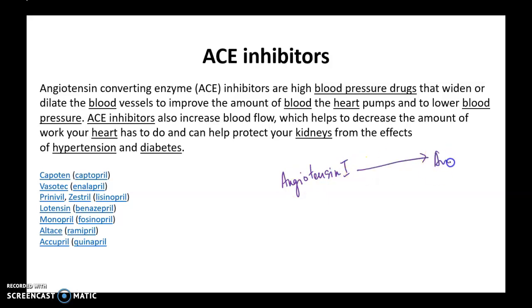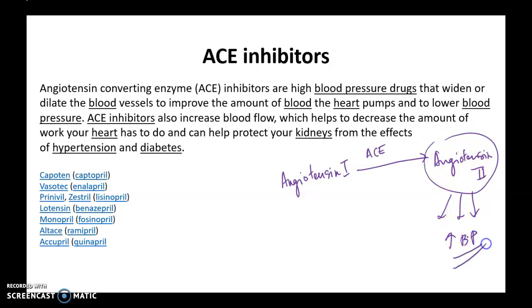That gets converted to angiotensin II in the lungs by the action of ACE. And then this angiotensin II will work on different things to increase blood pressure. That's the point. But if you inhibit ACE, then of course angiotensin I can no longer be converted into angiotensin II, and then there will be no chance of increased blood pressure.